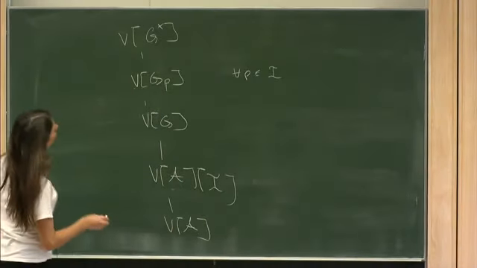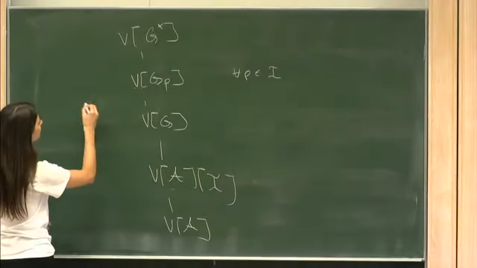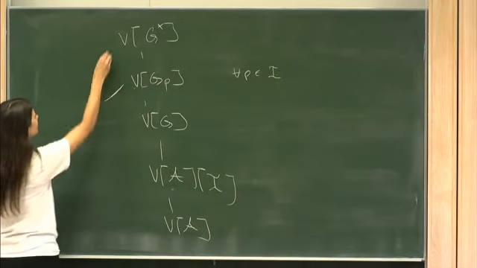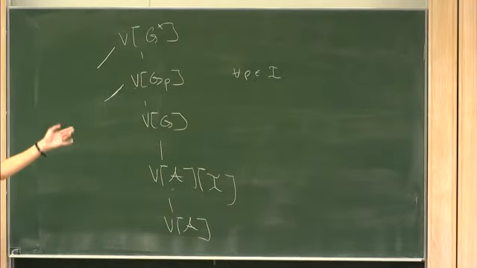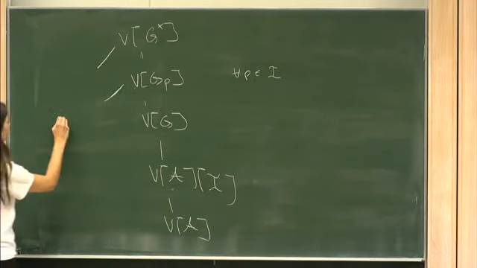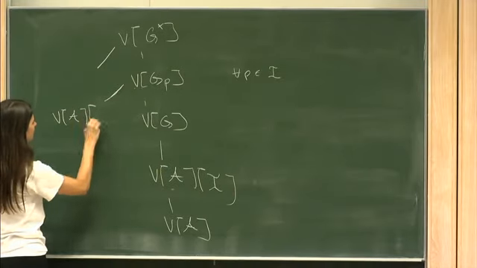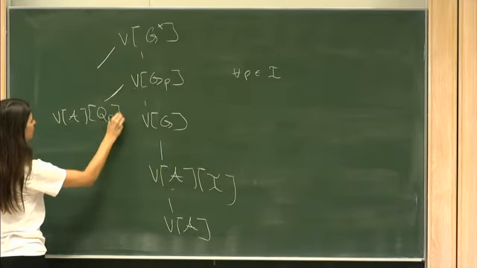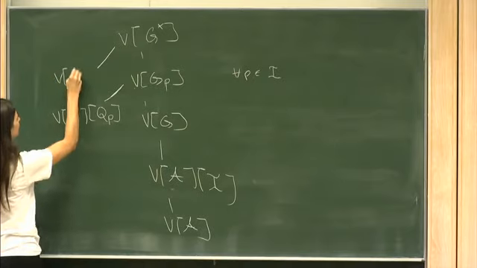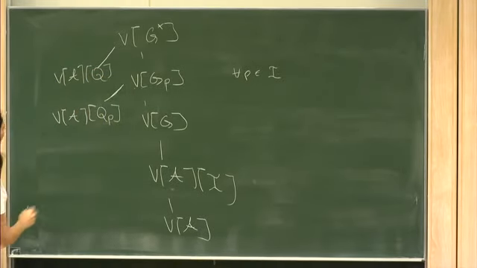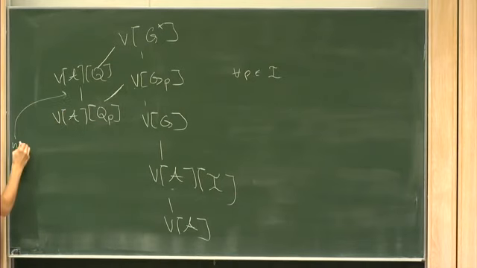And now both of these, VG star and VGP for every P in I, project to VA, model Q, and there is a projection here, and this is the nice quotient.